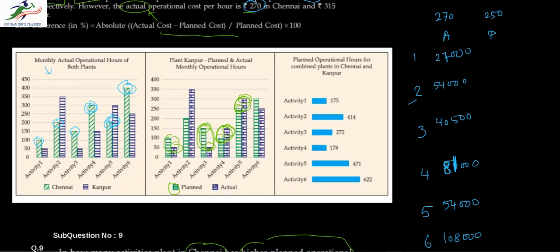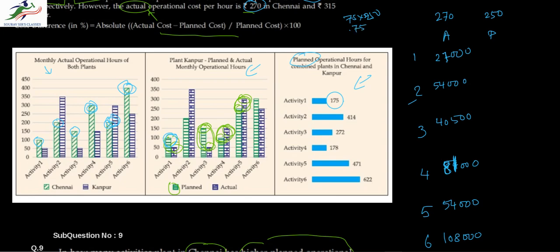So for planned hours, we have to take the difference as we did in question 1. We have to take the difference given in this graph and the values for Kanpur, which are given in the second graph. So that means for activity 1 it's 175 minus 100, which is 75 into 250. So now, in order to calculate 75 into 250, we will follow a very simple method without going into a rigorous calculation.